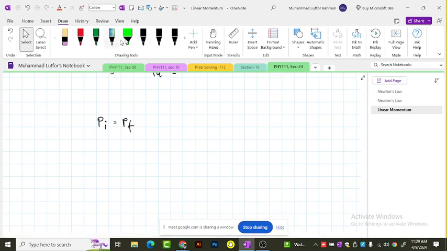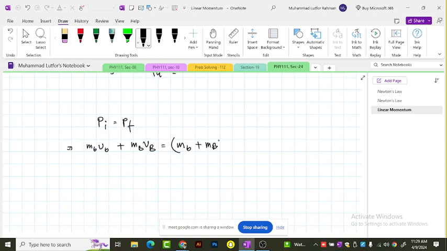All right, so the initial momentum must be the momentum of the bullet, which I write as mb vb, plus mB vB, that must be mb plus mB into v, right?